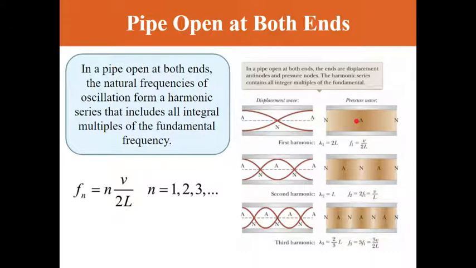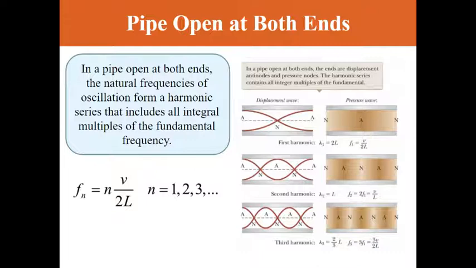And so this boundary condition means that the wavelength of the standing wave must be two times the length of the pipe divided by n, where n is the harmonic number.